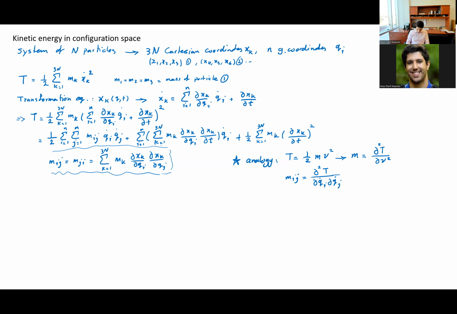The second two terms in the T definition have the term partial x, partial t, and those show up only in cases where we have an explicit notion of time in our transformation equations.